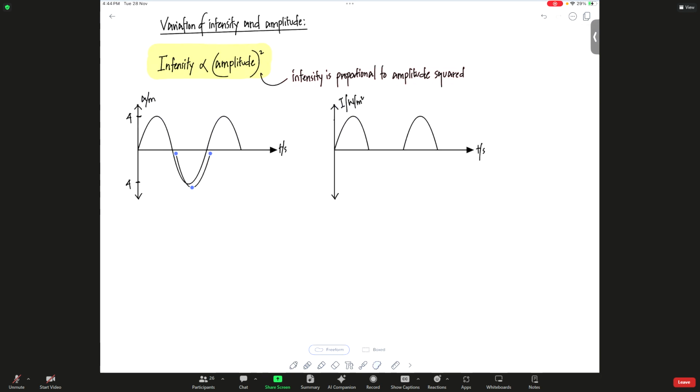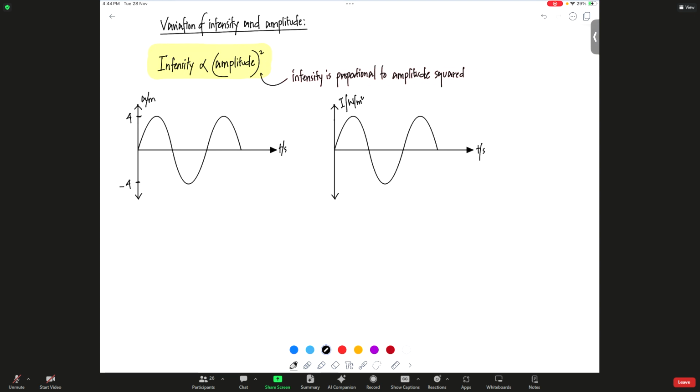Right, so this is a reference graph. What is the amplitude variation for the wave? 4 to -4. The way your amplitude varies is the way your intensity varies. So take the average of that graph.